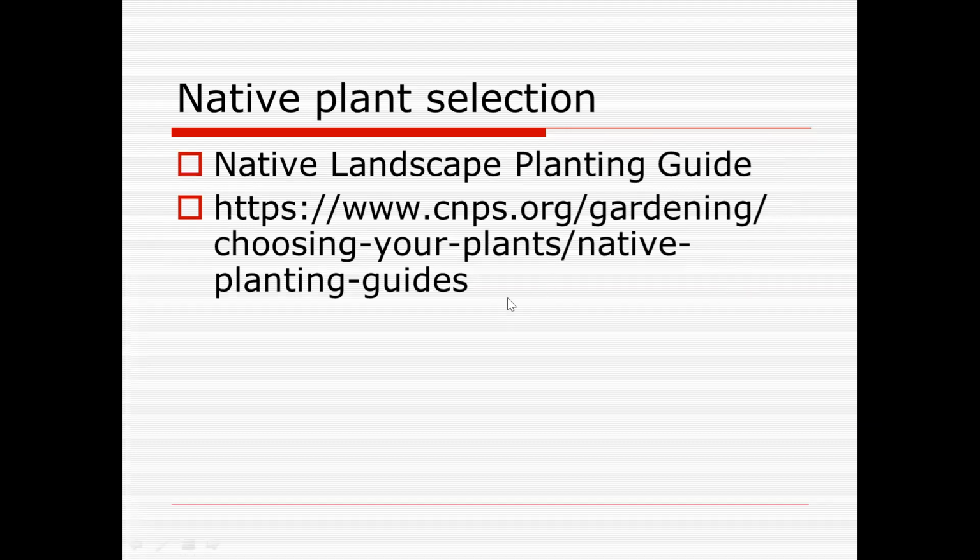This is a website supported by the CNPS that is in transition. We do not have an entry on this site. When we came up with our list, it was pointed out far and wide that the planting guides they were recommending didn't take into account fire safety.